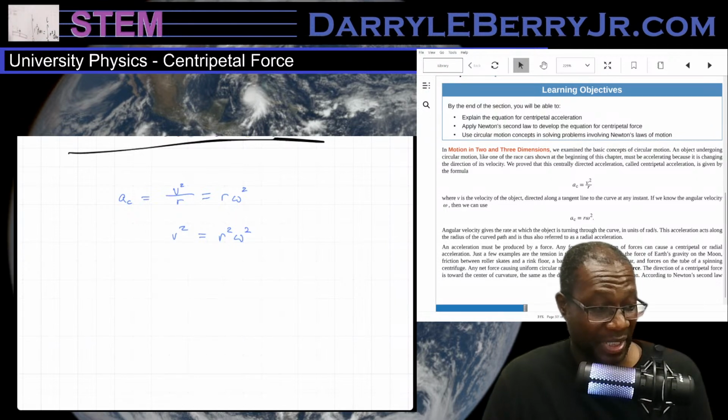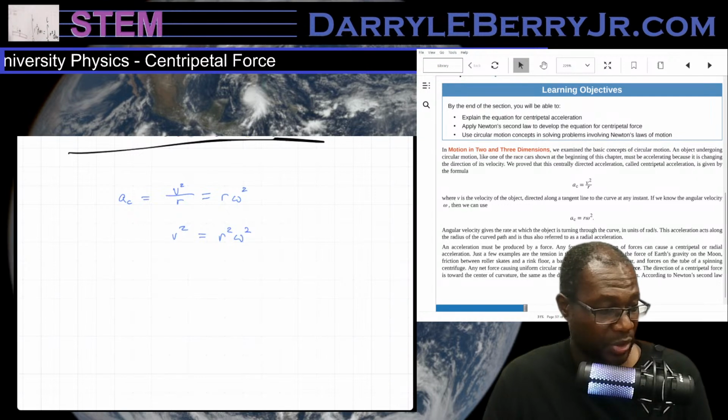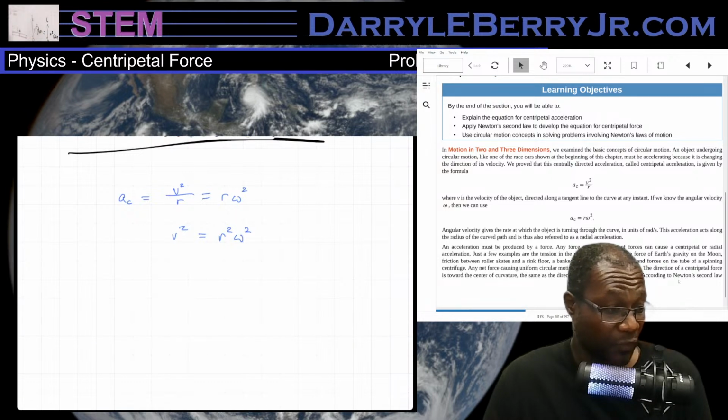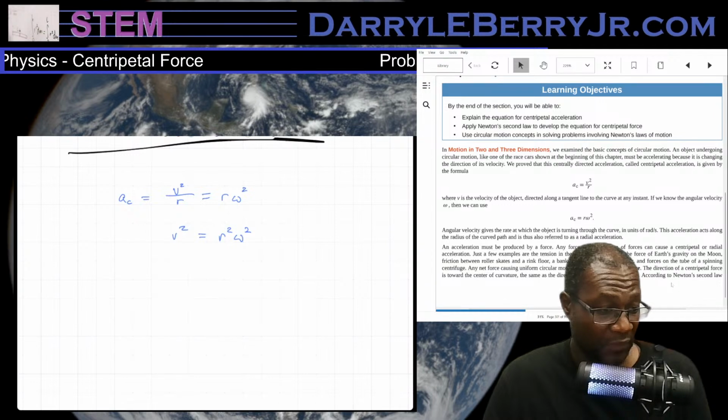Any force or combination of forces can cause a centripetal or radial acceleration. Examples are the tension in a rope on a tetherball, the force of Earth's gravity on the Moon, friction between roller skates and a rink floor, a banked roadway's force on the car, and forces on the tube of a spinning centrifuge.